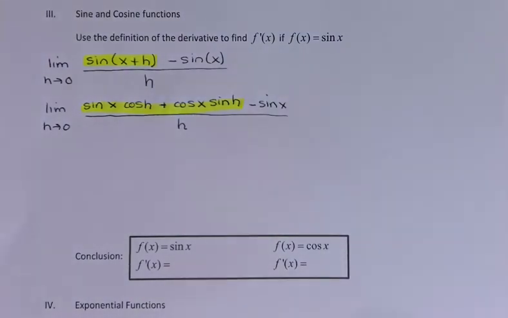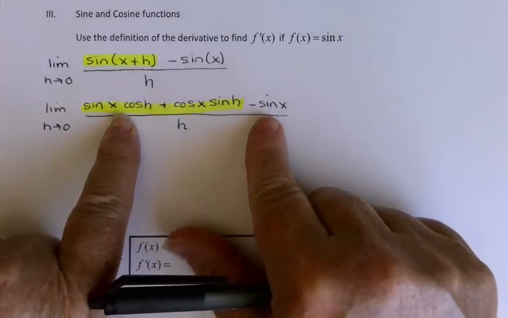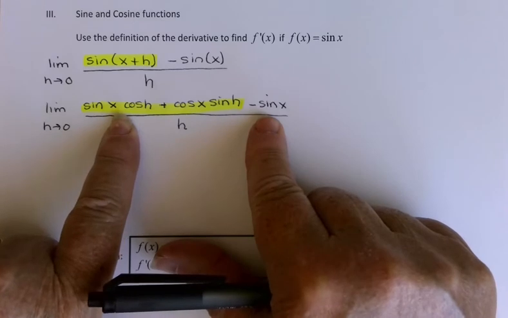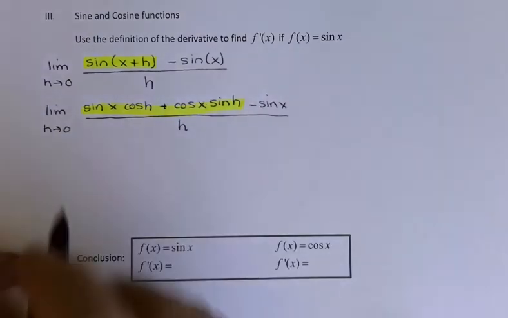All right, usually this is where we say, hey, this is great because things start to cancel out and all that stuff. But unfortunately, I did not have that happen this time, right? There's nothing that makes a 0, nothing I can really do yet. So I'm going to break this up into two separate limits. I'm going to say, notice that sine x is part of the first and last terms. So I'm going to take those two and make them one limit, and then I'm going to add this as a second limit.